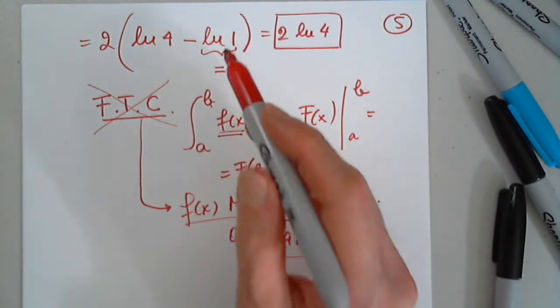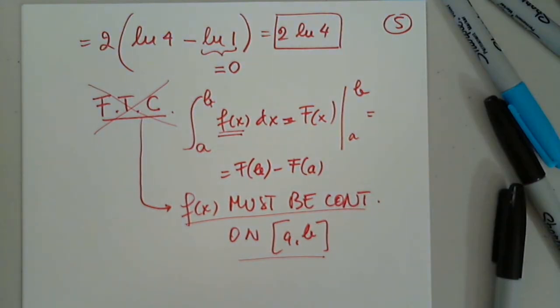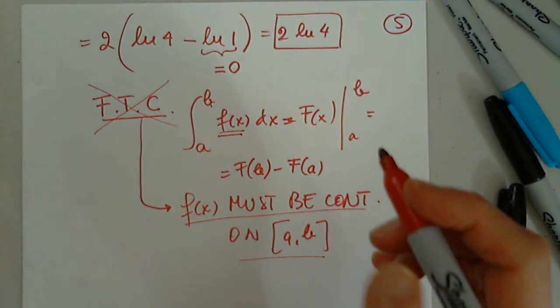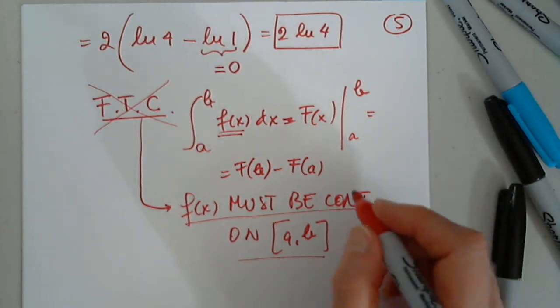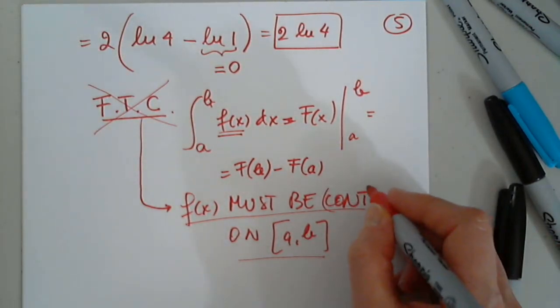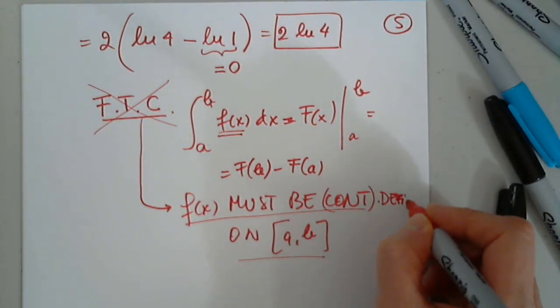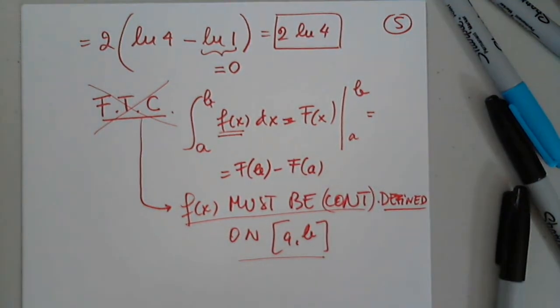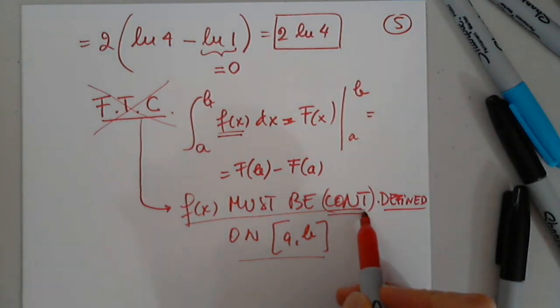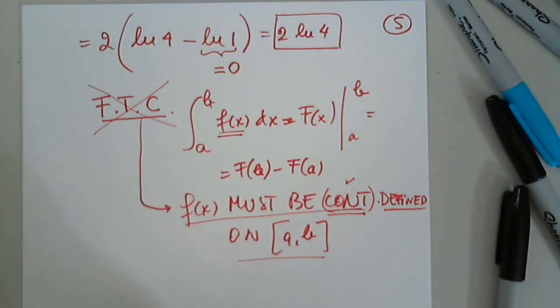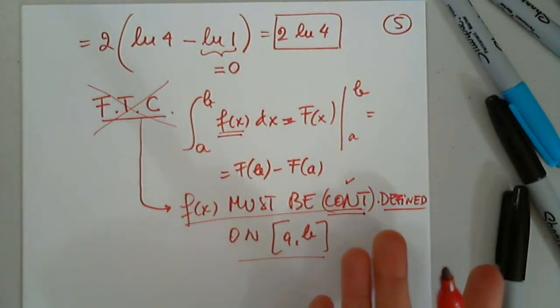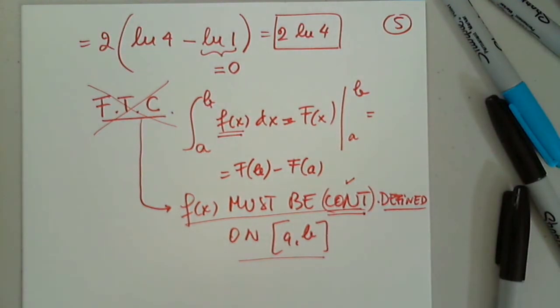Is defined everywhere, if you want, on the interval a, b. If you prefer that, maybe that's even better. They must be defined. Continuous is stronger. So I personally prefer this, because continuous means defined, for sure, everywhere.